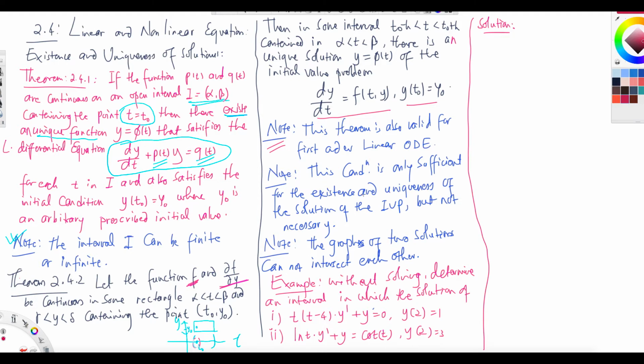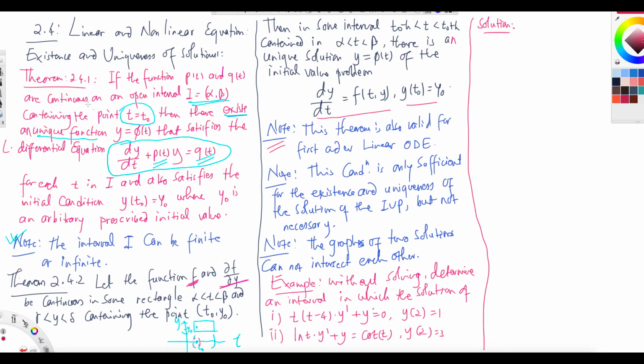Next, this condition is only sufficient for the existence and uniqueness of the solution of the initial value problem, but not necessary. So these conditions are not necessary for the existence of the solution. But if these conditions are satisfied, then there is a solution. That's what it means. And the graph of two solutions cannot intersect each other.